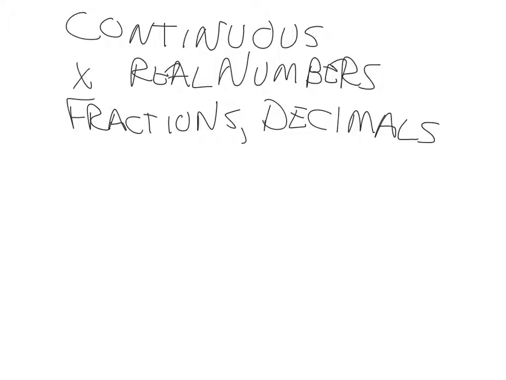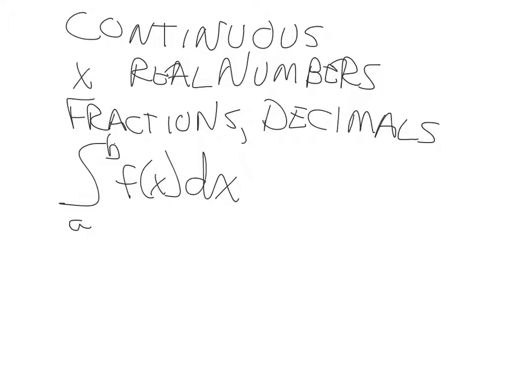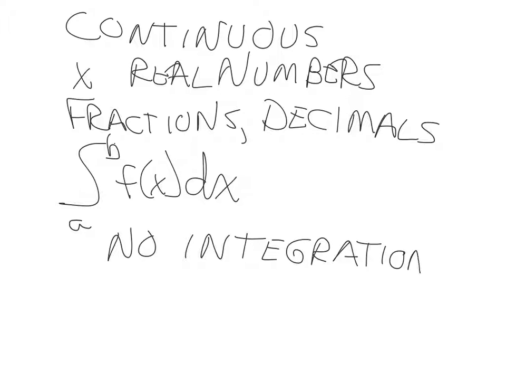So what you do in this case, instead of adding probability, you're going to be integrating across probability. And don't panic. First of all, you'll have some kind of a probability function, and you'll integrate from A to B. Now, no integration in this class, so please don't panic.